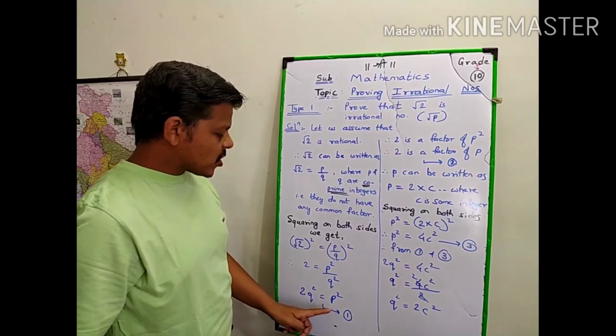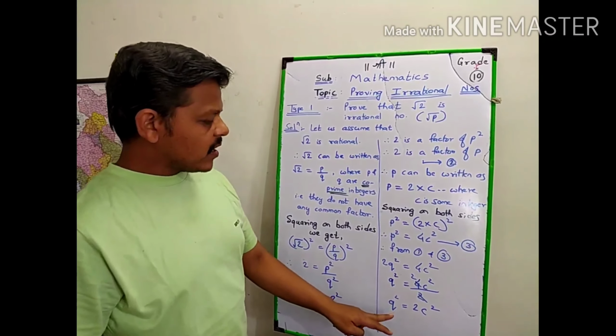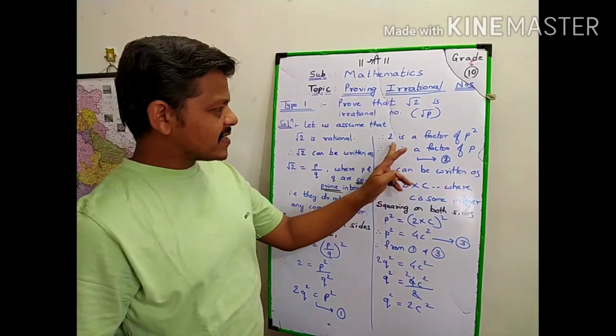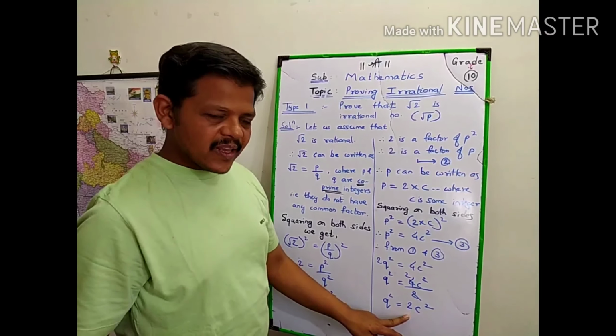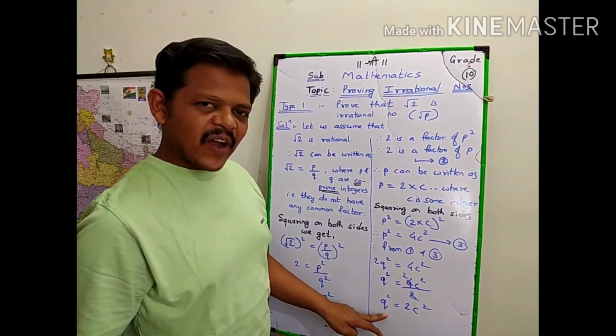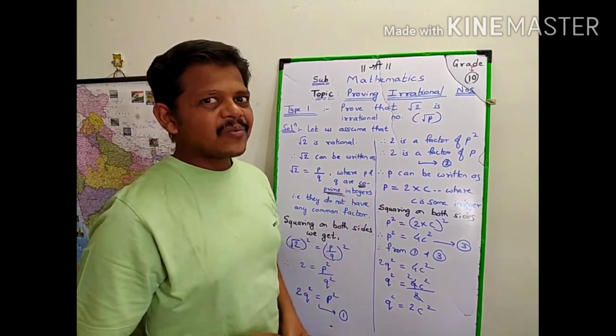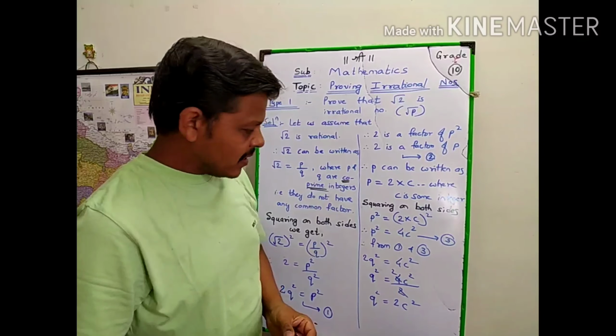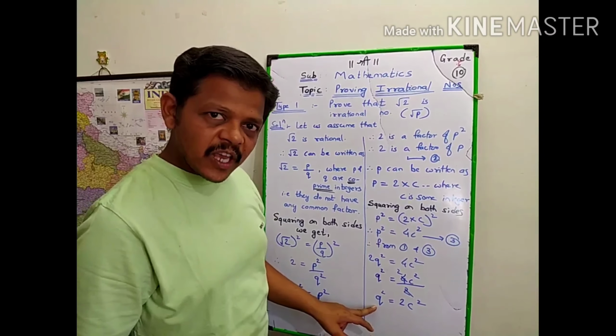Just as p square was 2q square, q square becomes 2c square. What does this suggest? 2 is a factor of q square. 2 is also a factor of q. Now comes a very important point. See, 2 was a factor of p. 2 has become a factor of q.